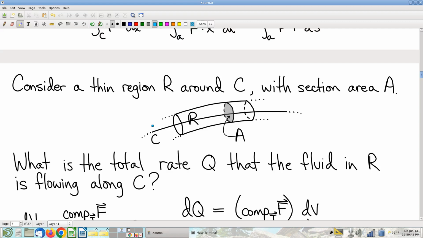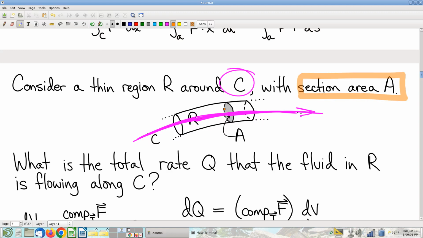Here we go. So suppose you have a curve. Keep in mind that's an oriented curve. All right, and then I'm going to make the seemingly weird choice of suppose you're given a cross-sectional area.